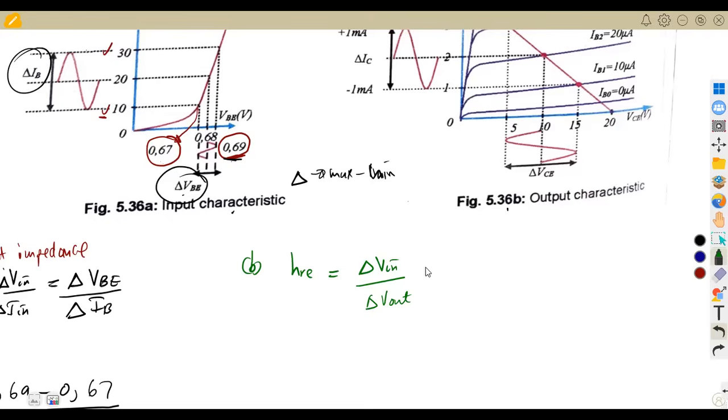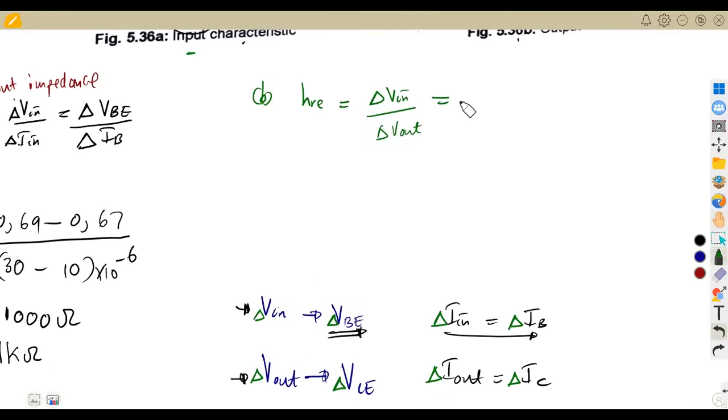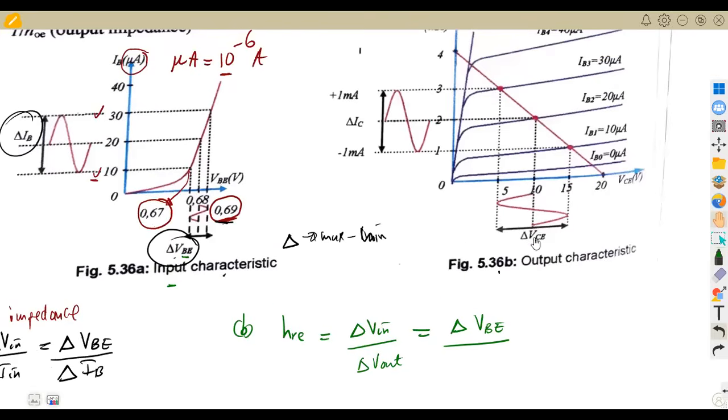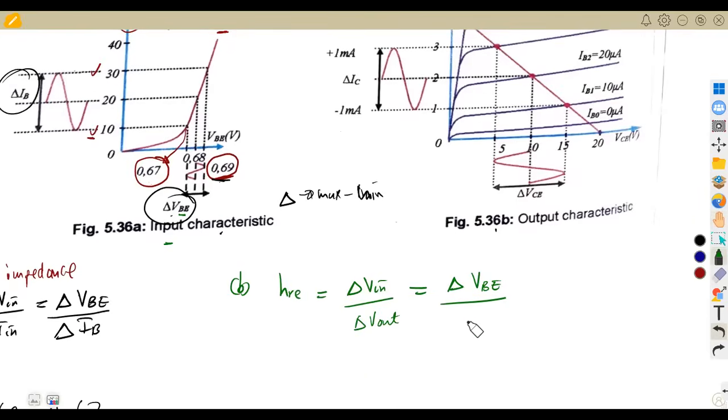But remember, at the input characteristics, the input voltage is VBE, which is the one that we indicated. So we are going to have the change in VBE over, at the output, the voltage is VCE, which is the one that you are given here. So we're going to talk about the change in VCE. So that's it. We've got our reverse voltage gain in this case.